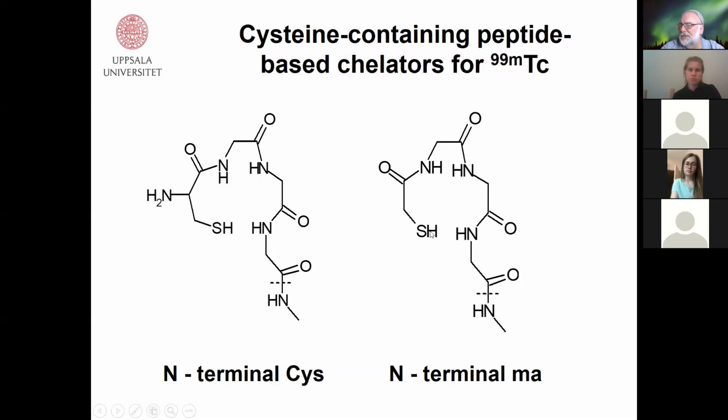What is magic is that the angles in these cycles are nearly ideal from the structural chemistry point of view. It's not the case for cysteine, where here we have a 6-member cycle and with angles distorted.